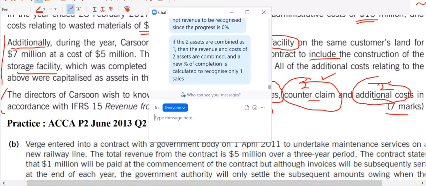Are they two different assets that we have to recognize as two different sales? Are they one common asset that we only recognize as one sale?